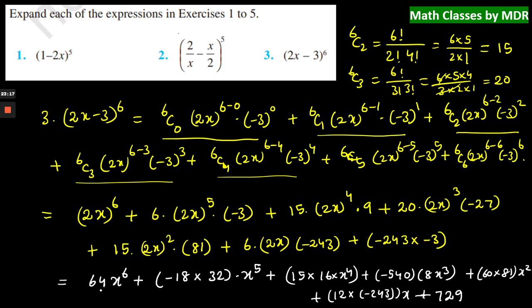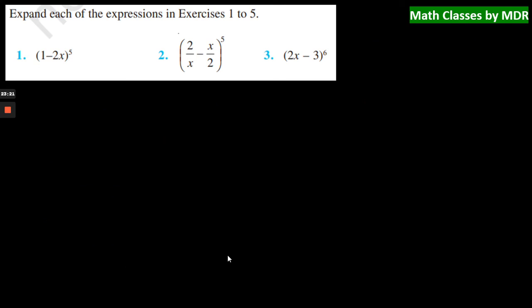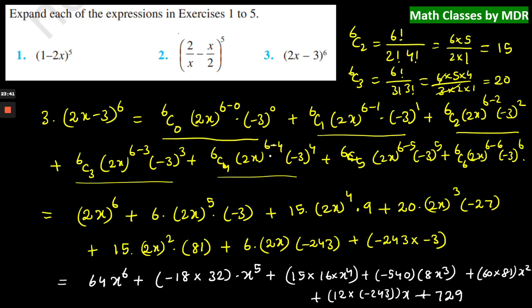So here we have 64, and 18 into 32 will be minus 576. Let me write. So 2x minus 3 whole to the power 6 is nothing but, what do you have? 64 into x to the power 6 minus 18 into 32, that will give you minus 576 x to the power 5, and then 15 into 16 is 240, right? 240 into 9, we have 9 also, right?